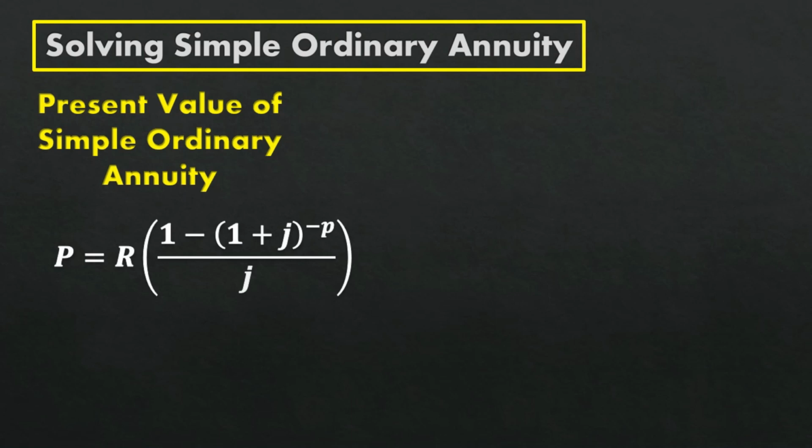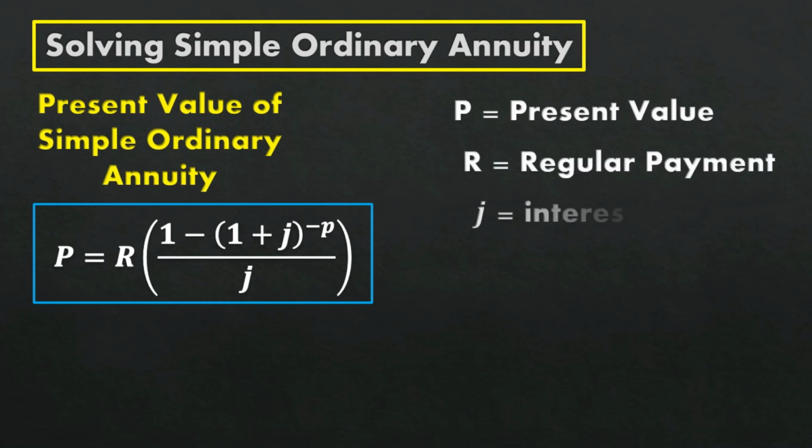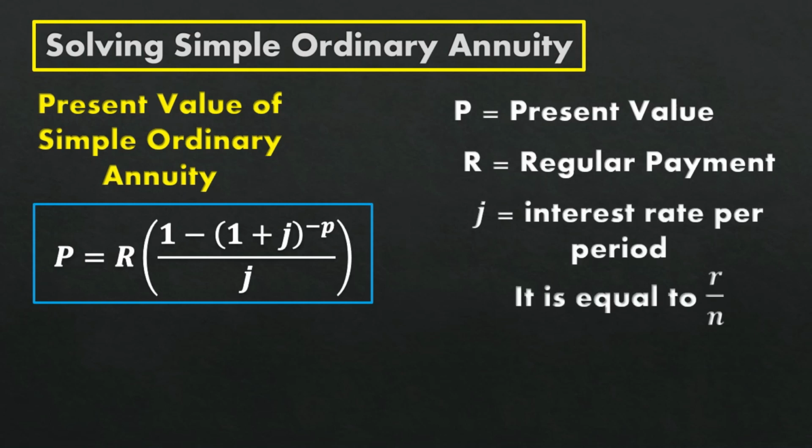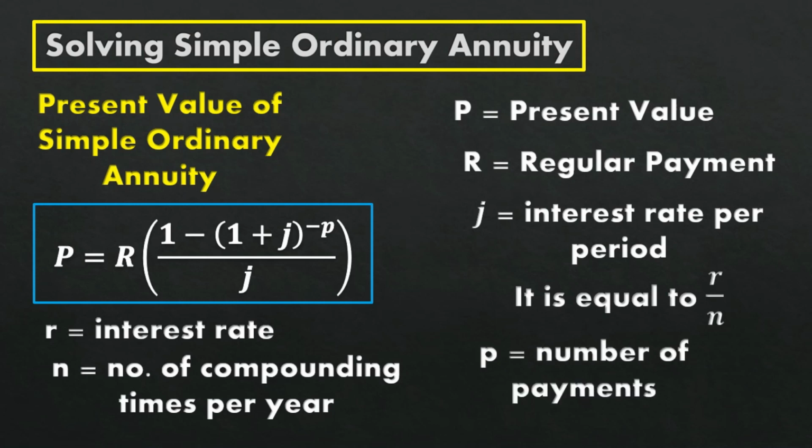So, ang P is equal to R times 1 minus parenthesis 1 plus j raised to negative p all over j close parenthesis. P is the present value. R is still the regular payment. j is the interest rate per period pero equal pa rin yan sa r over n. Yung r is the interest rate. n is the number of compounding times per year. Tapos p is the number of payments.